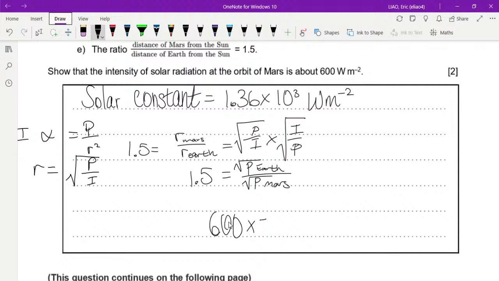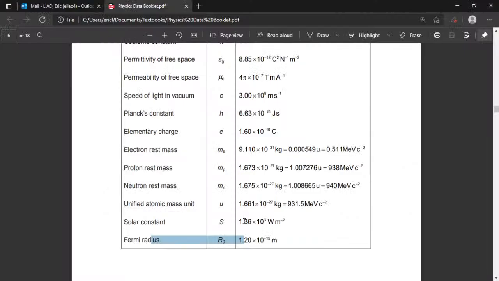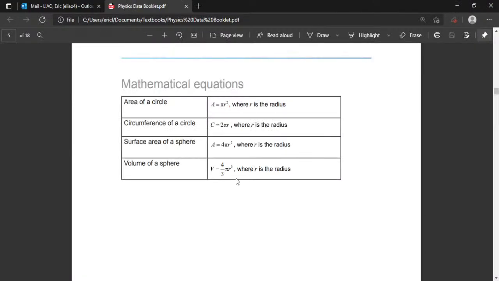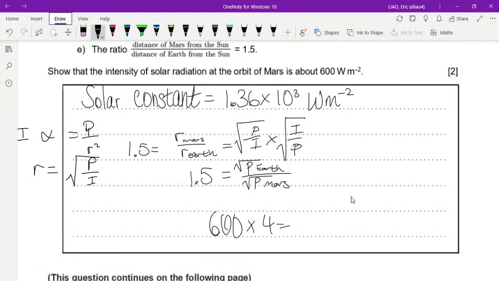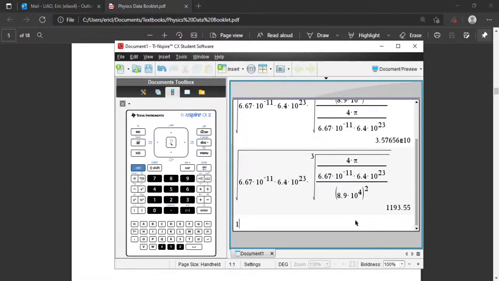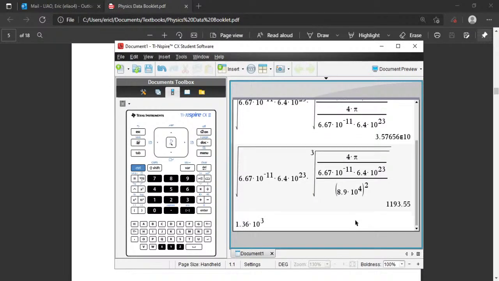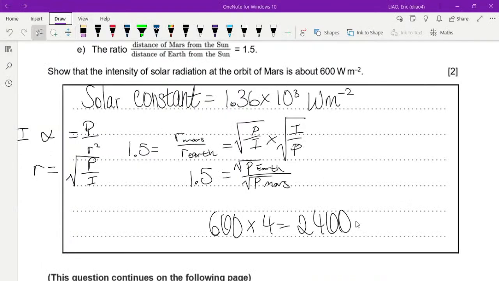Value. .36 times 10 to the power of 3. Divided by 2 full zeros here.